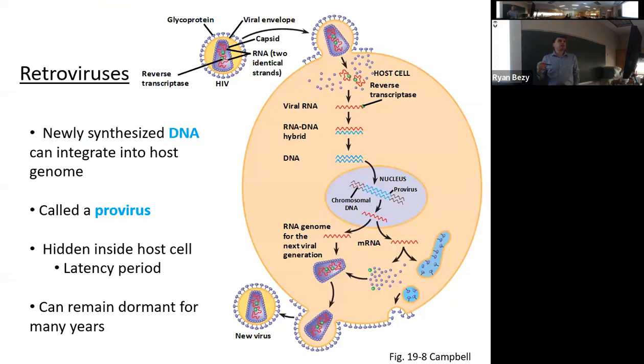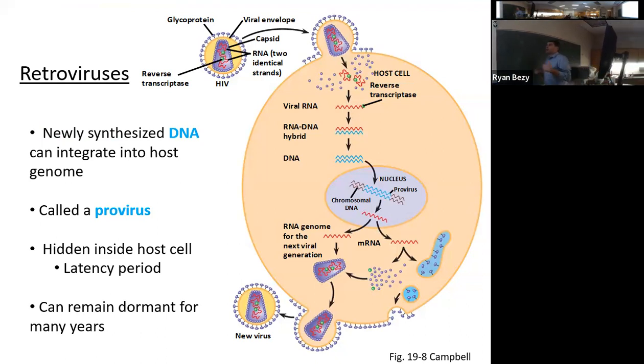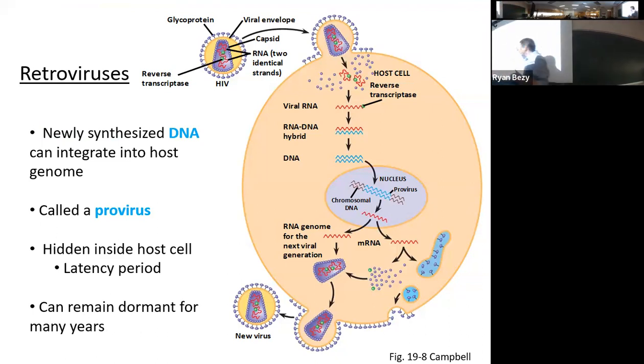That newly synthesized DNA will then integrate into the host cell chromosomes as a provirus. So it'll migrate to the nucleus and insert into the host cell DNA as that provirus. And then it can stay hidden inside of those host cells for a long period of time. Again, that would be a dormancy stage or a latency period.